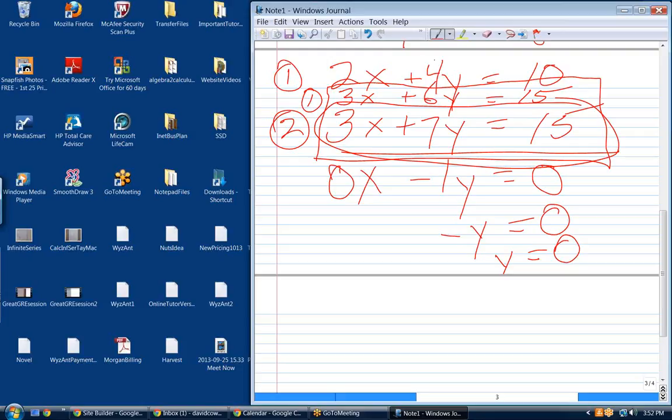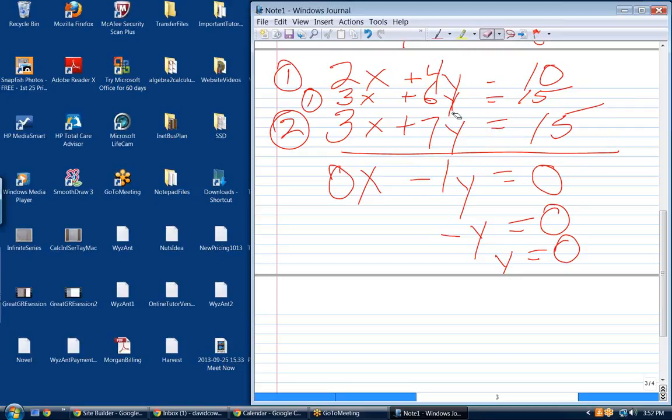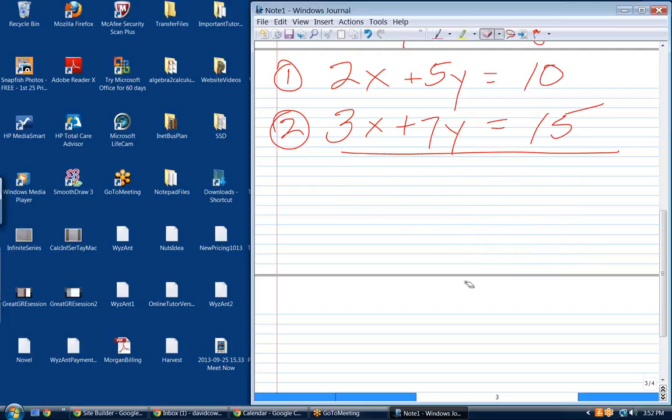So that's another technique to use elimination. But let me cover this and change that variable to a 5. And now that technique we just used wouldn't be very nice, because if I multiply everything by 1.5, I begin to introduce fractions.